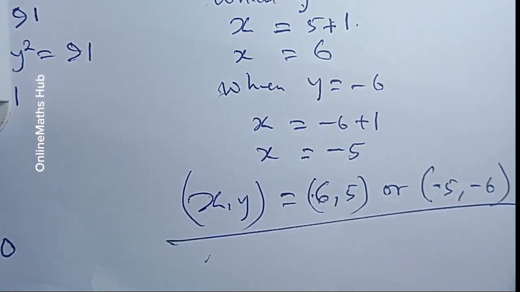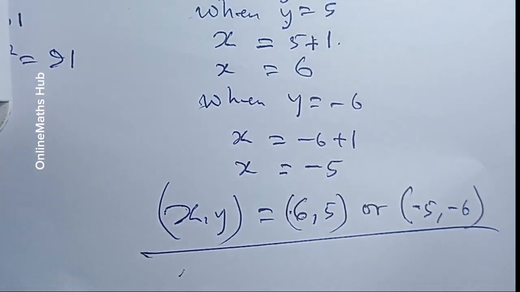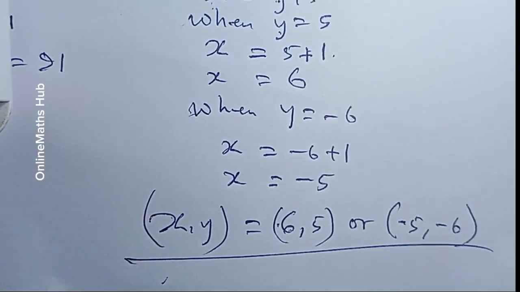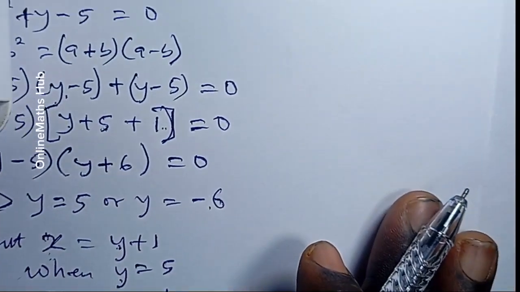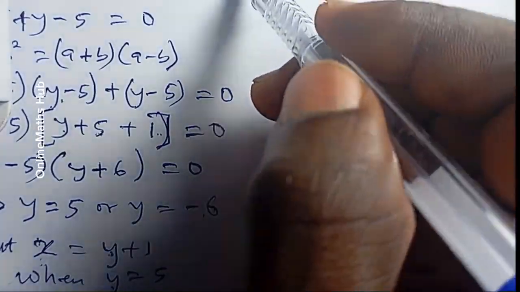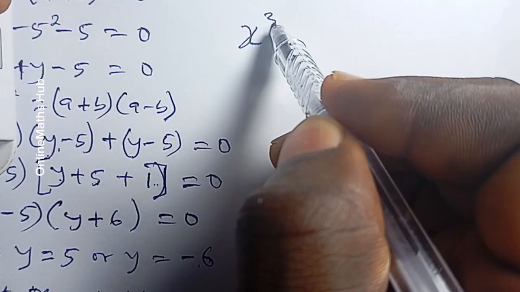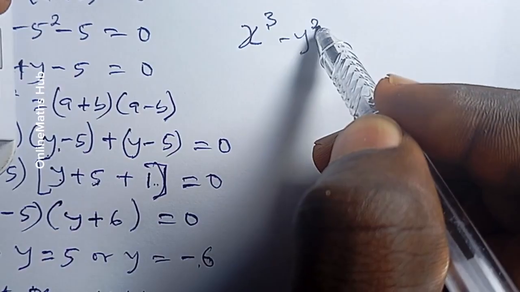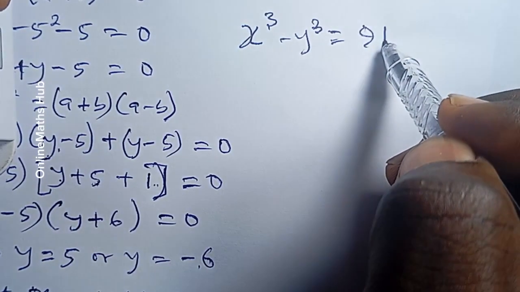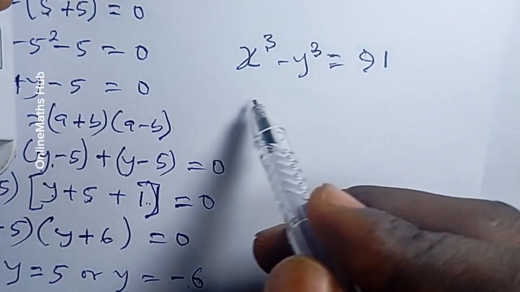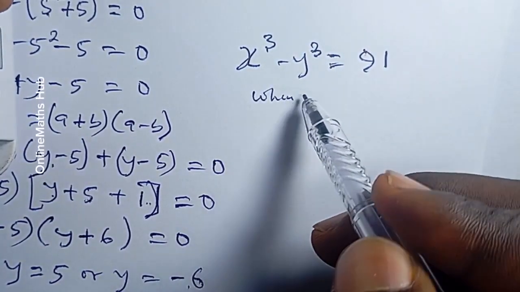So this is going to be the solution set for this question, and then you want to find out whether these will satisfy the problem we just solved. So this is x cubed minus y cubed is equal to 91. We want to find out whether that is true. So let's check the first one.